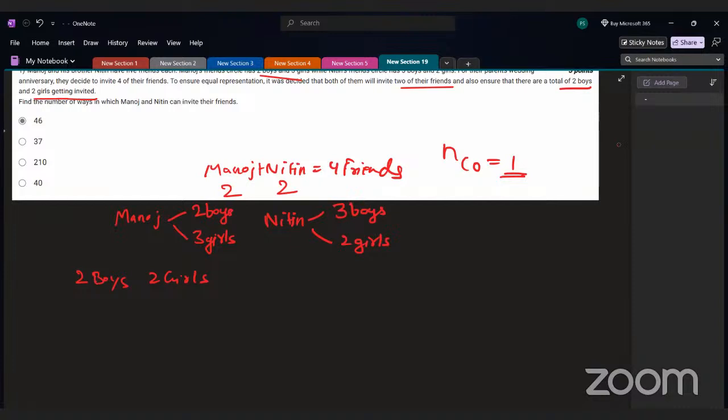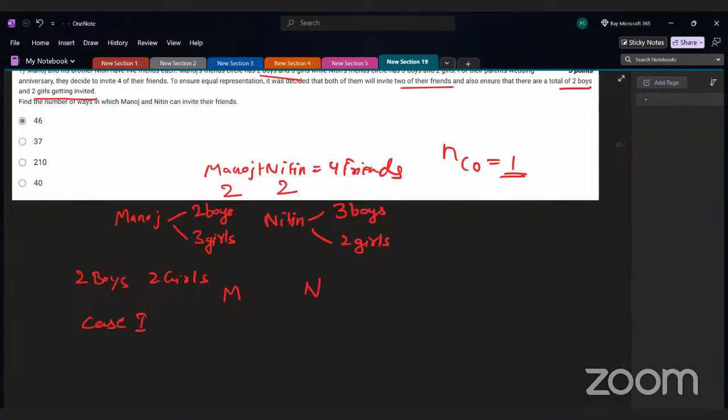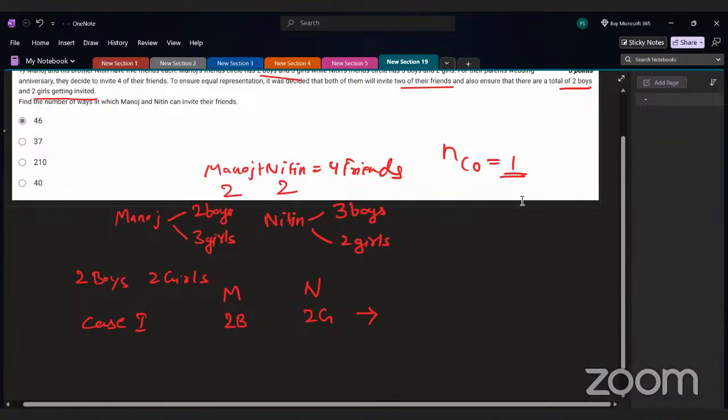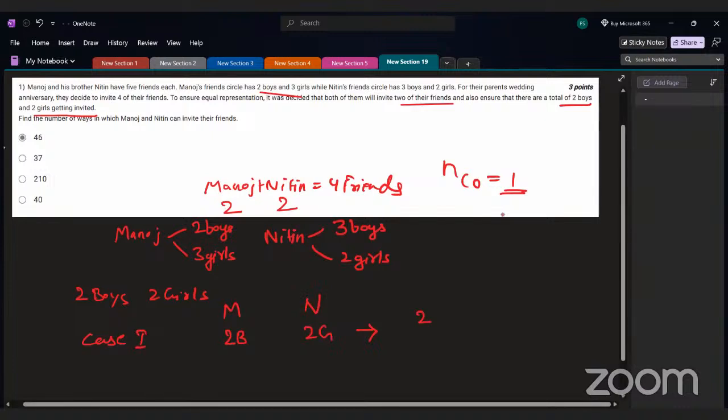Okay, so we have to make cases now. The first case: we have Manoj as M and Nitin as N. Manoj will invite two boys and Nitin will invite two girls. Manoj will take 2C2 into 2C2.